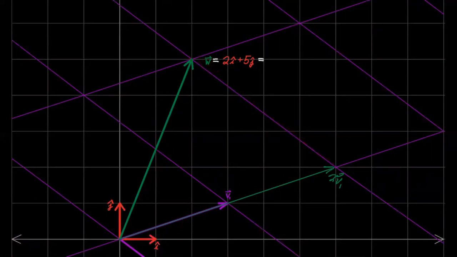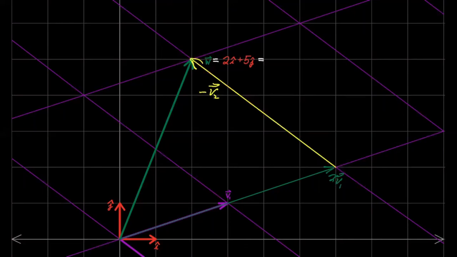So we can think of this vector right here as minus v2, right? Because the tail of it is right here and the tip of it is there. And so in fact, we land exactly at the tip of w.